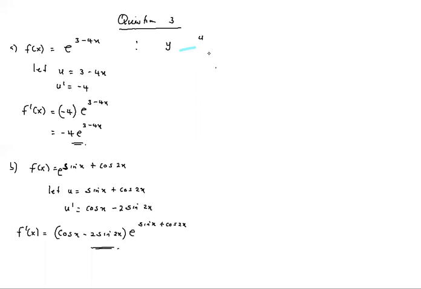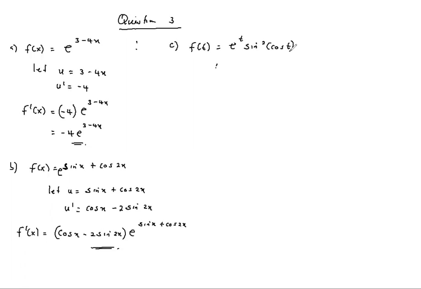What about C? Okay, so for C, we have f of t is equal to e to the power t, and then sine squared cos t.